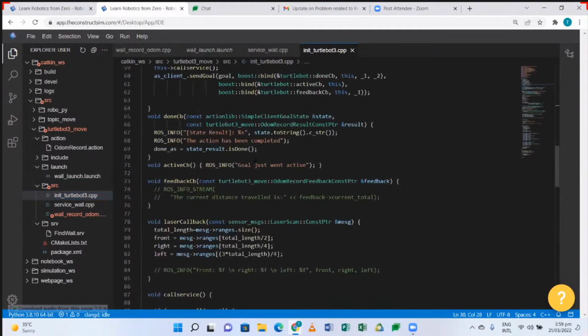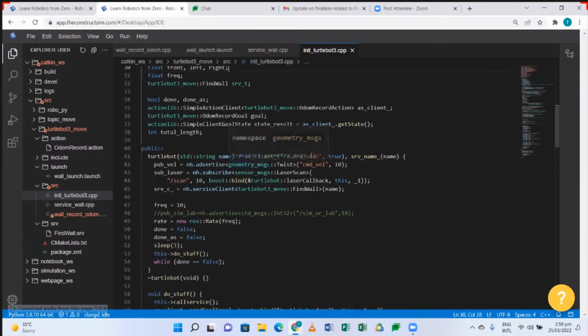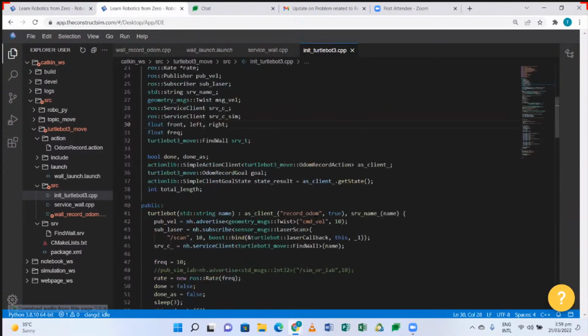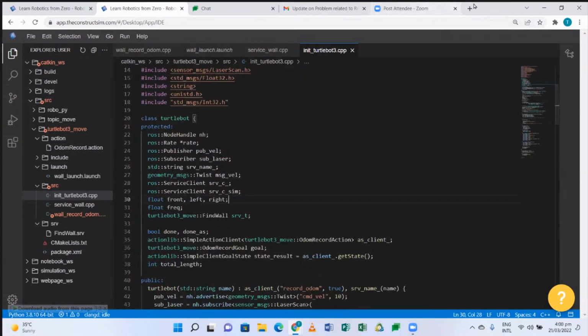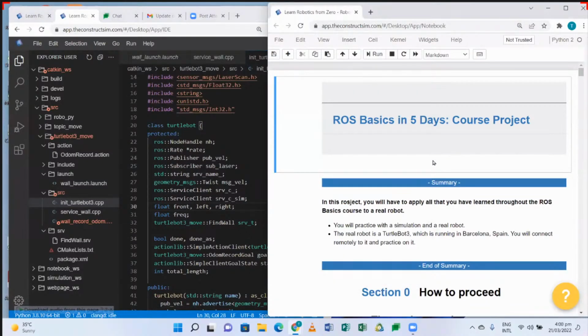Right. Now, this is the main node which is calling the service client and the action clients, and it is the main node which is responsible for the wall following as well. Let's go through the points one by one. Here we have the points.